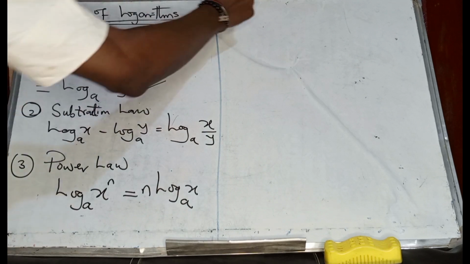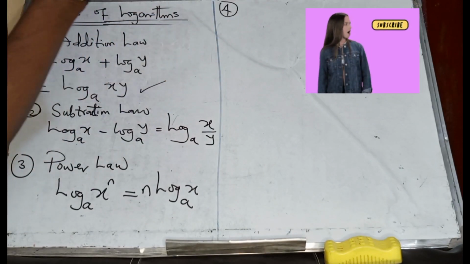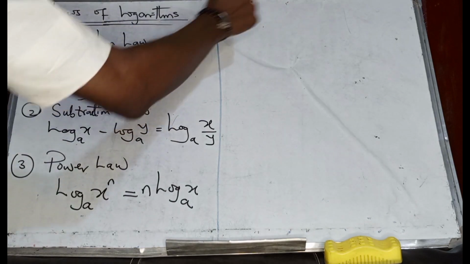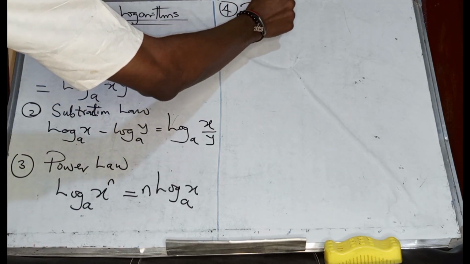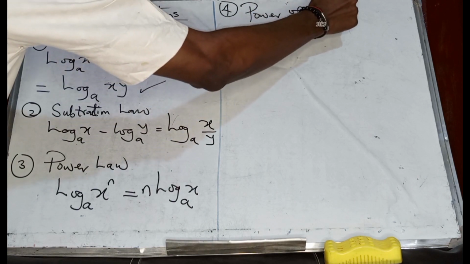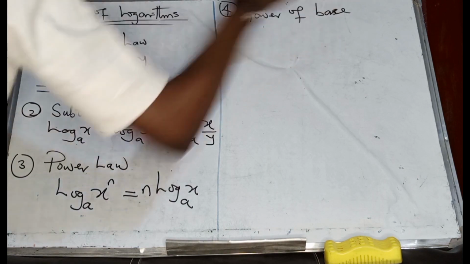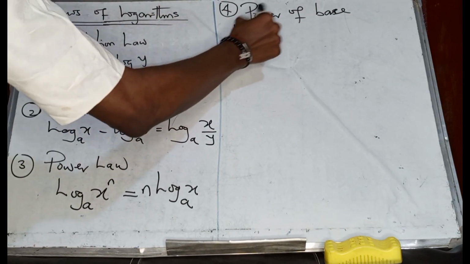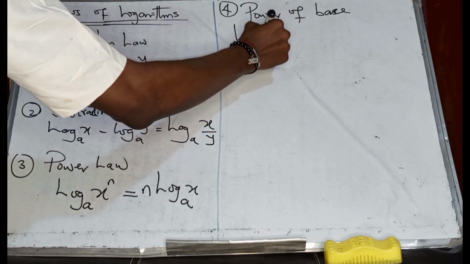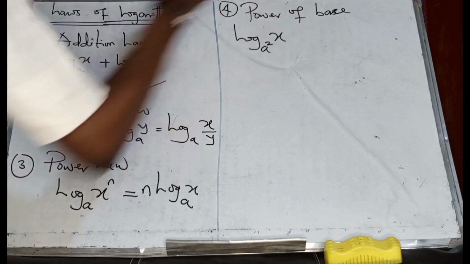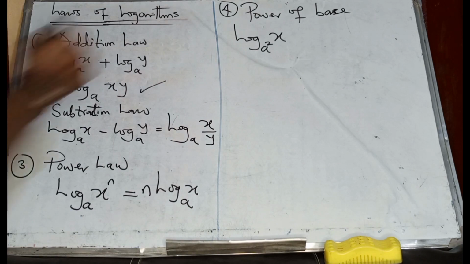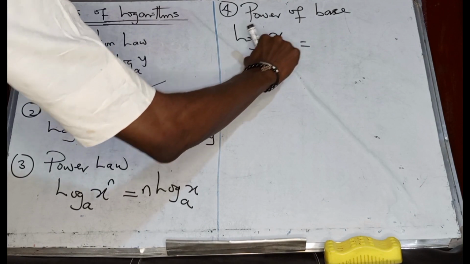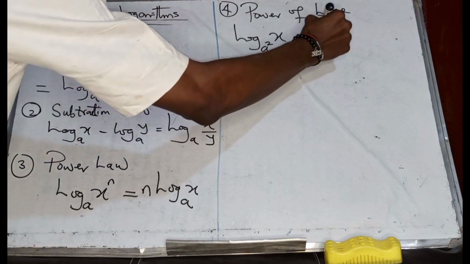So next, law number 4 is the power of base. According to the power of base, if we have something like log x, base a to the power of 2, the law permits us that this power 2 on top of this a, which is the base, would have to come behind to become 1 over 2.